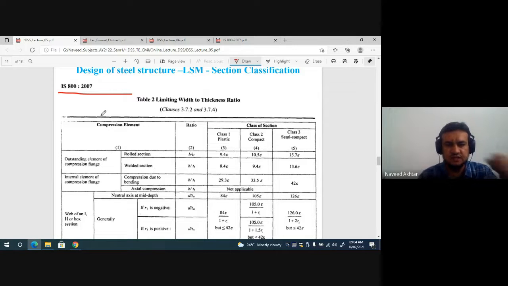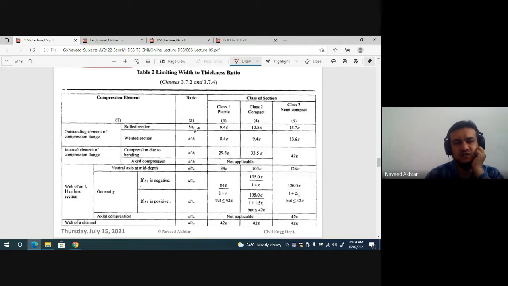Based on the different width to thickness ratios, the section is classified into a class. This limiting value is given, and based on it you can classify the sectional element.